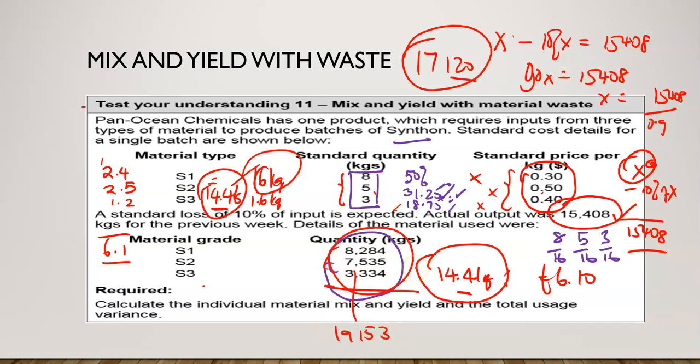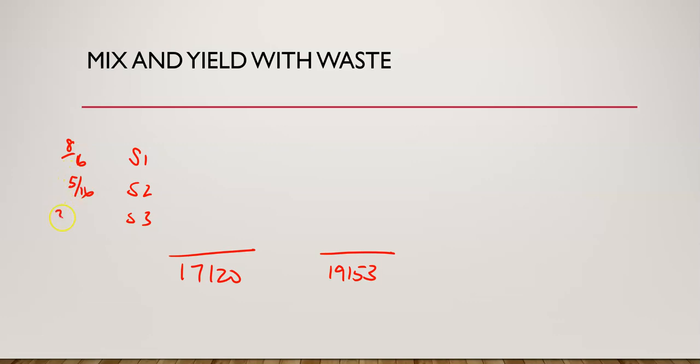So let's now analyze that and break it up a little. We have S1, S2, S3. We expect you to put 17,120. You ended up putting in 19,153. We do this at the standard mix we were talking about: 8/16, 5/16 and 3/16.